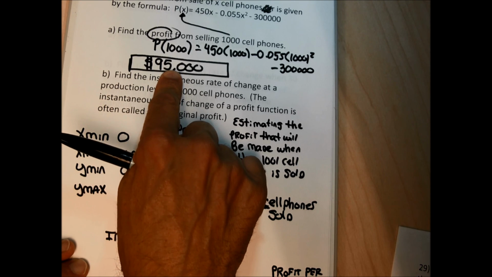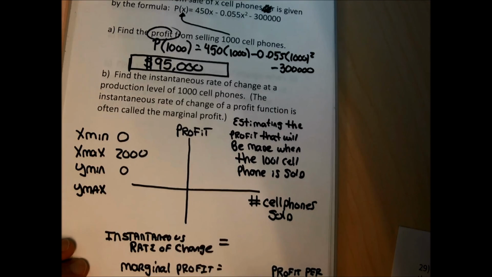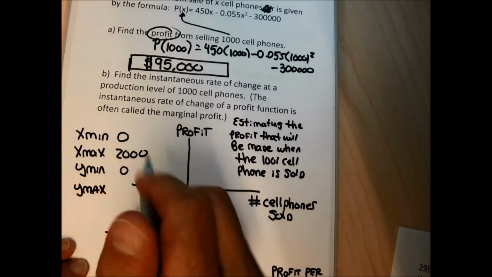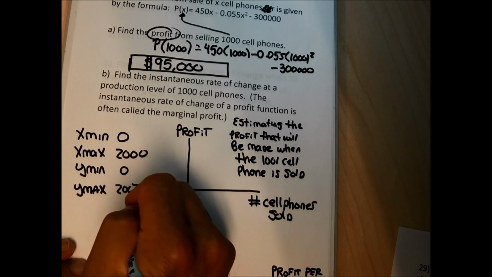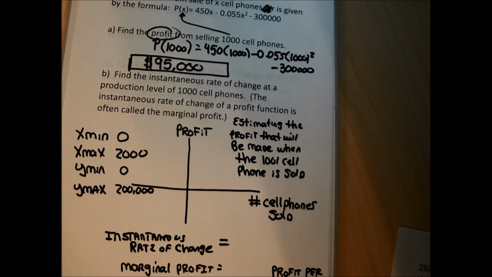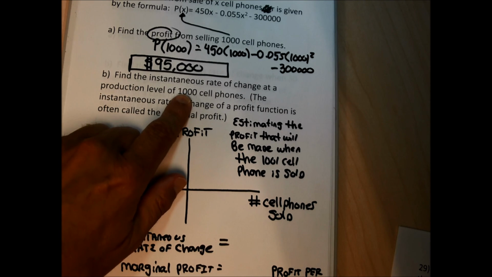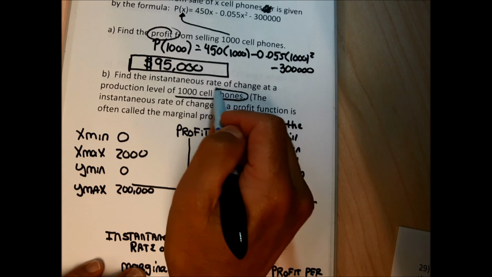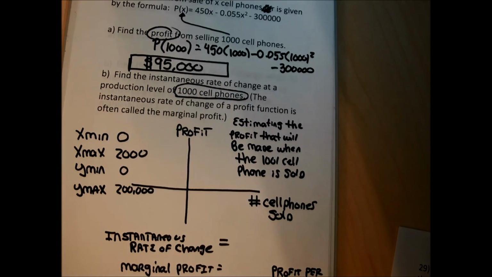I'd like to catch as much of the graph as I can, so I'm going to make my y max bigger than $95,000. I'm going to make it $200,000. I don't know that I'm going to see the best graph in the world, but I know I will be able to answer this question. As long as my x range has 1,000 in it, my calculator will be able to calculate the instantaneous rate of change, even if I can't see the graph as well as I'd like to.